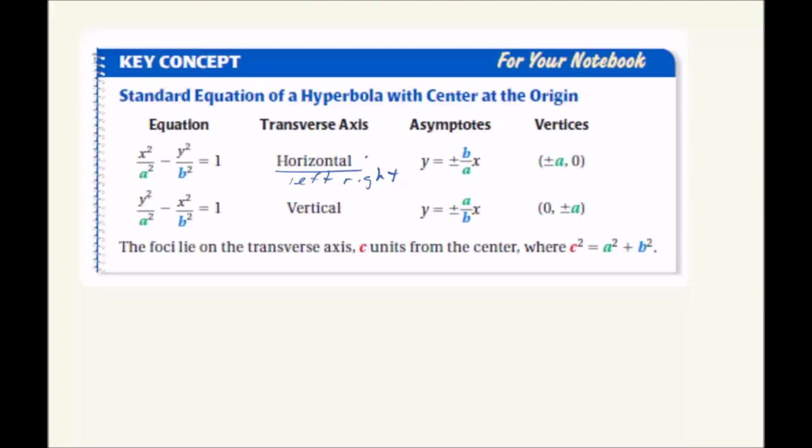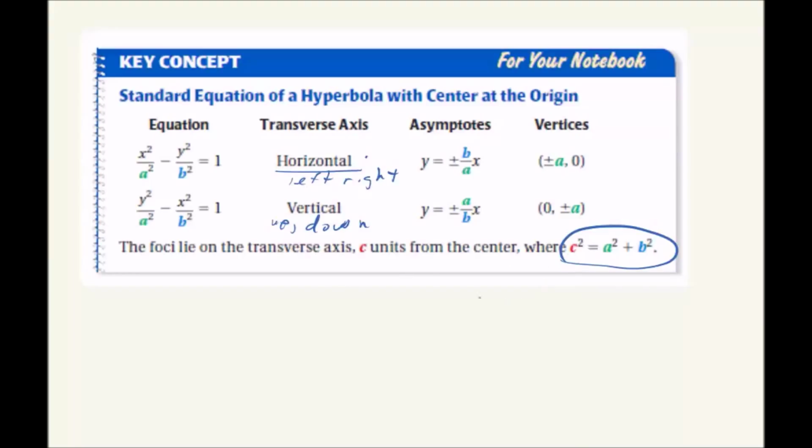For a vertical one, it's just opposite. The y squared term's in front, it's vertical, it opens up and down. The asymptotes are plus a over b and minus a over b, and the vertices are 0, a and 0, negative a. However, the big difference here is the equation for the foci.